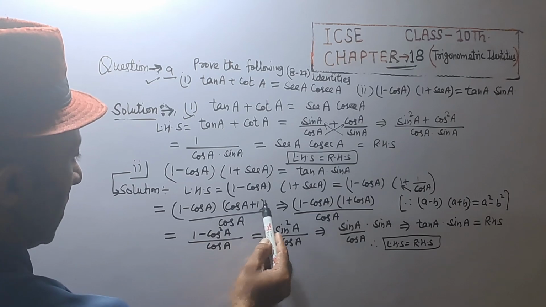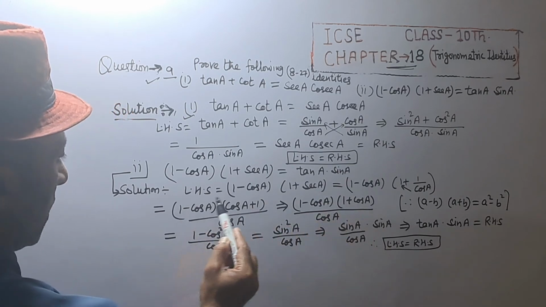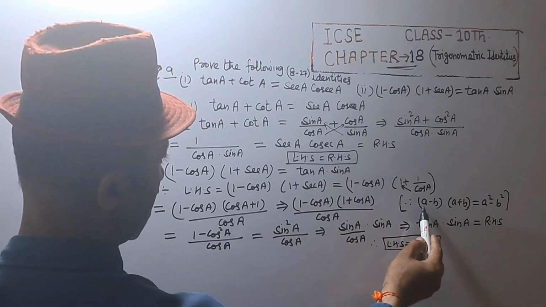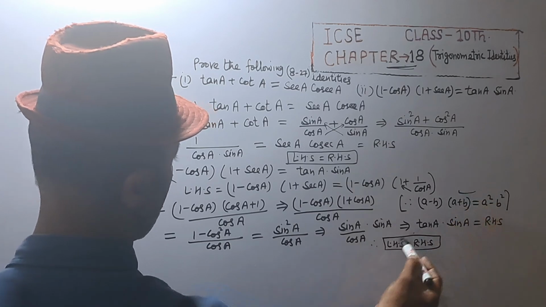Cos A plus 1, we can write 1 plus cos A into 1 minus cos A, that is A minus B into A plus B equal to A square minus B square.